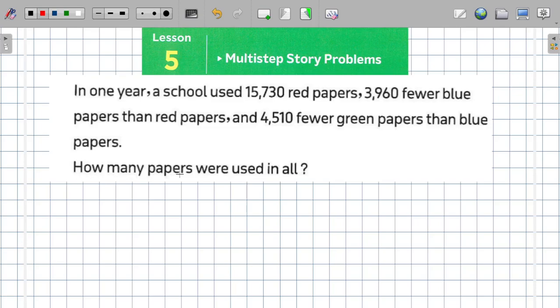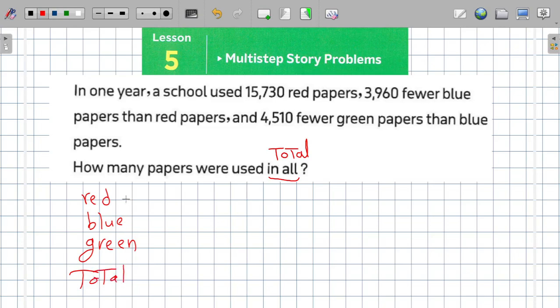How many papers were used in all? So I want to know the total of all papers. Okay, so I have three types. The first one is the red papers, the second one is the blue papers, and the third one is the green papers. And after that, I want to know the total.